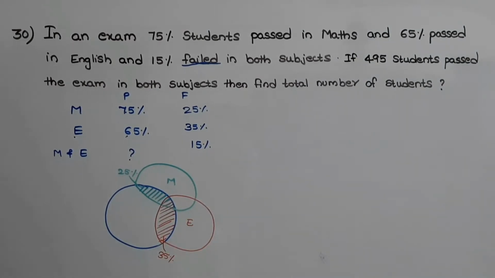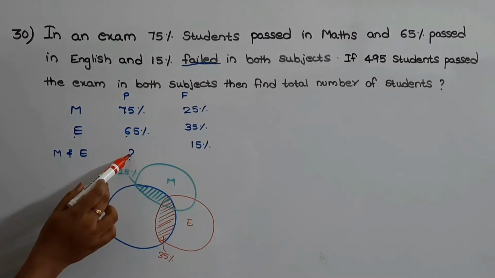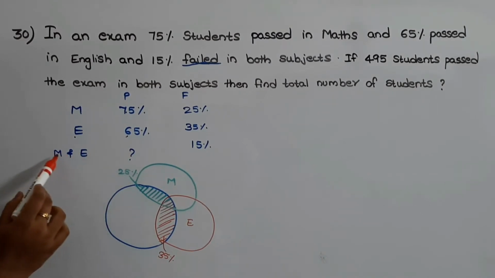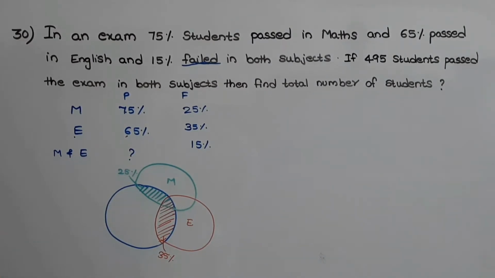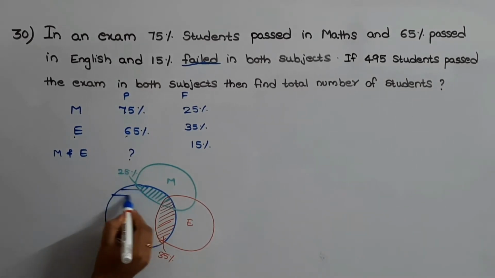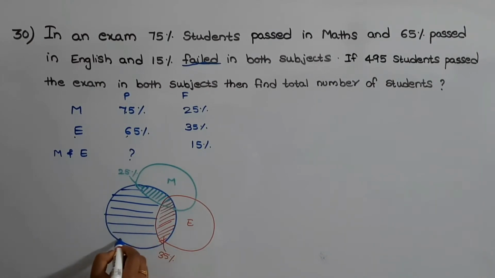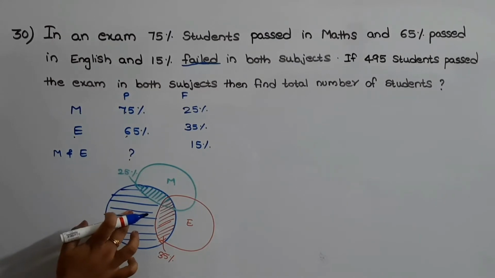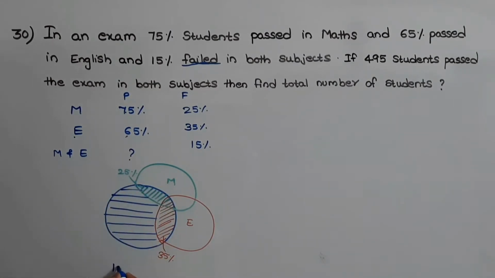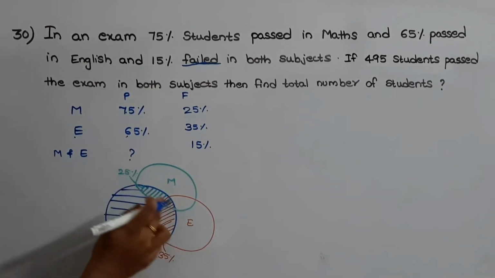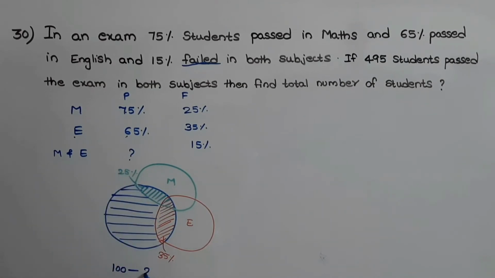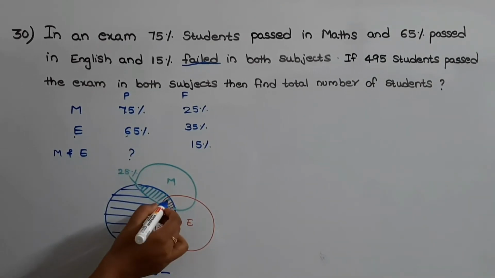Okay. So we need to first find out the percentage of the students who passed in both maths and English. If we find out the percentage of this part, we will get the percentage of the students who passed in both maths and English. So this will be equal to 100 minus this green shaded portion, 25, minus this part.